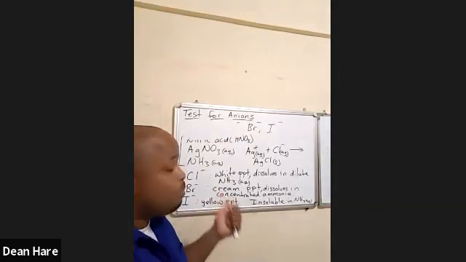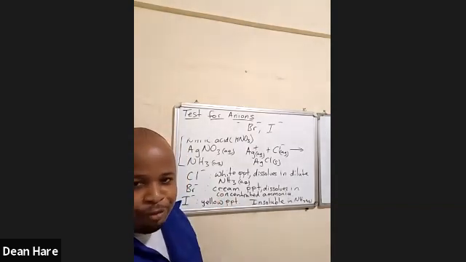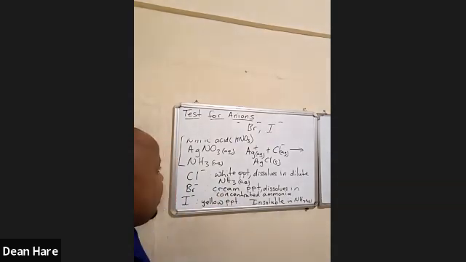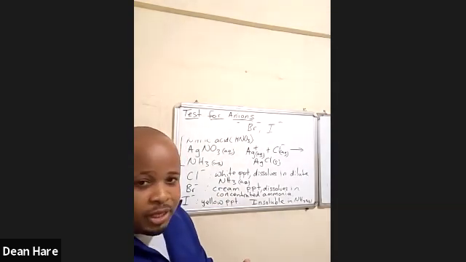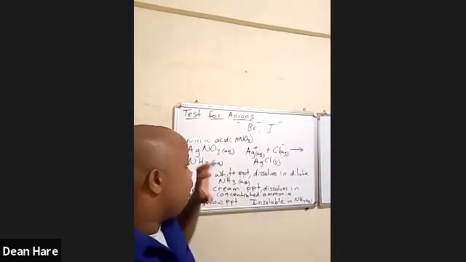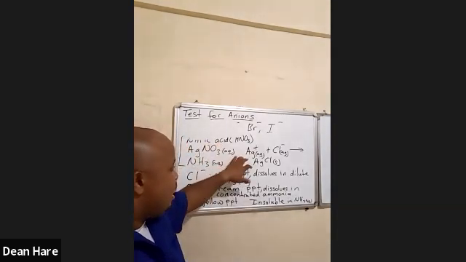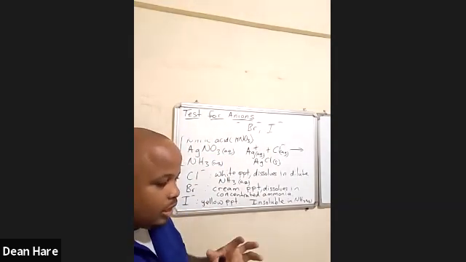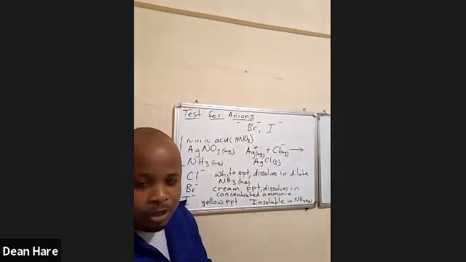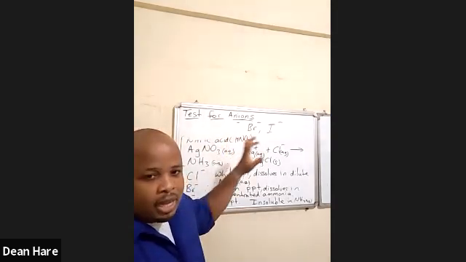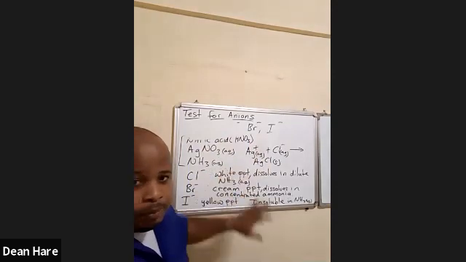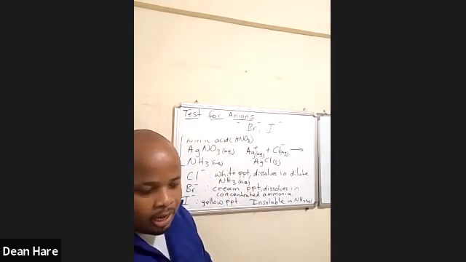So probably sulfate or nitrate was present. That is why I said for the negative ions, the reagent is the key. Once I say silver nitrate, you know that you're testing for the halide ion. So if you don't get any form of precipitate, no halide ion is present.